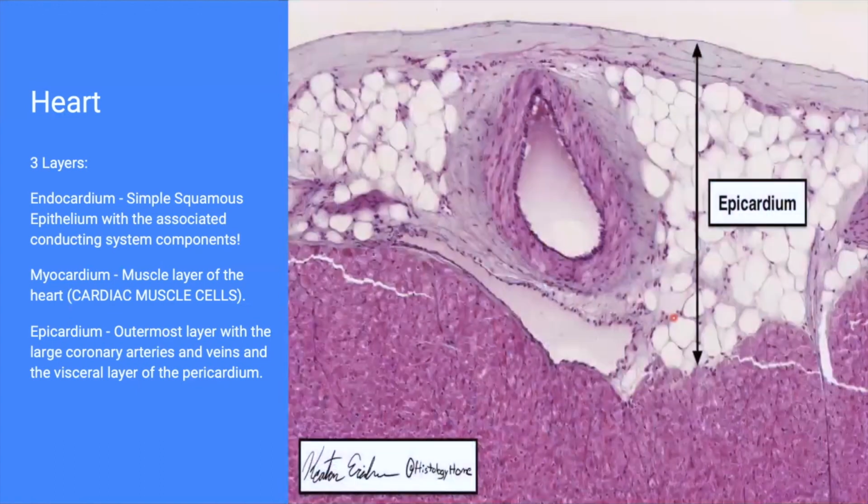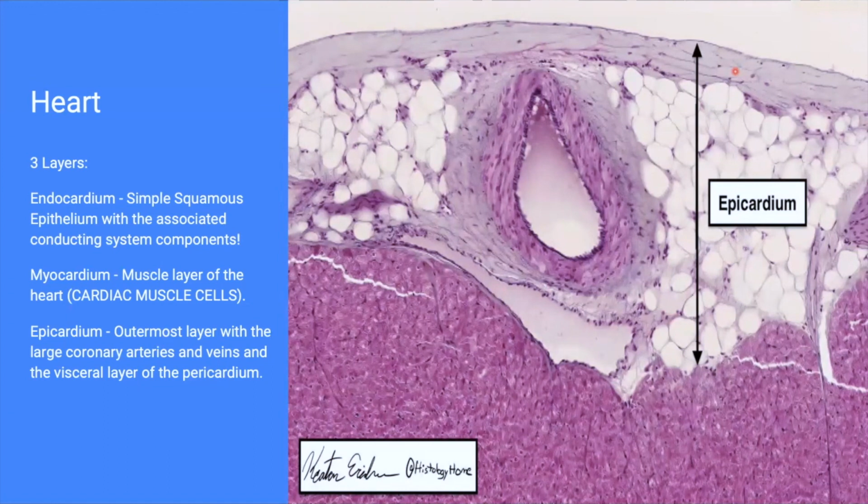Alrighty, and then finally, we'll take a look at our epicardium, which is the outermost layer of our heart. This is composed of adipose tissue, our great big coronary arteries and veins, and then we have a visceral layer of the pericardium. We're not seeing the parietal layer of our pericardium because it's not contained within this section.